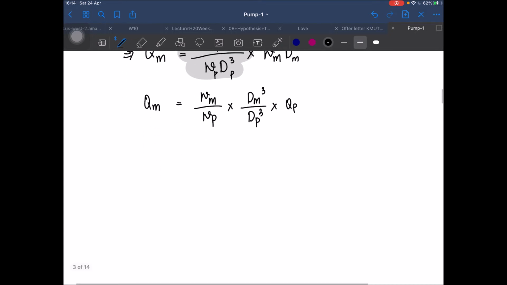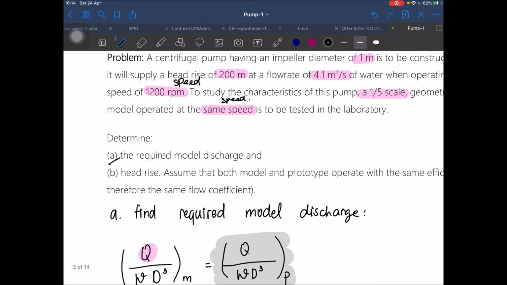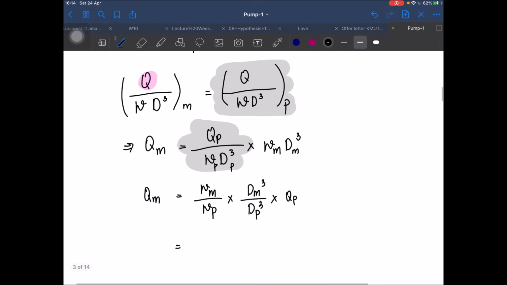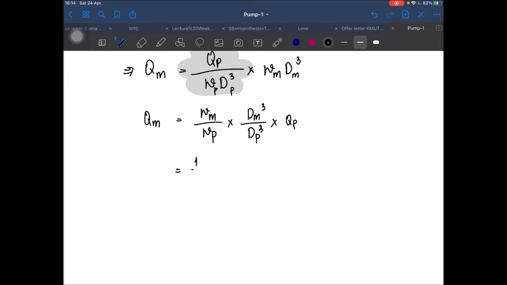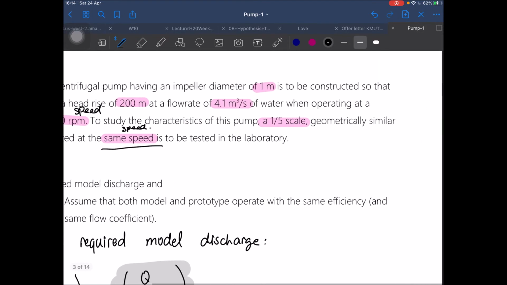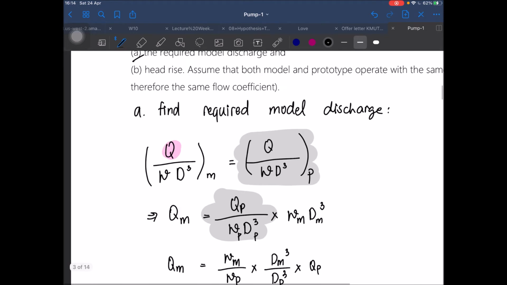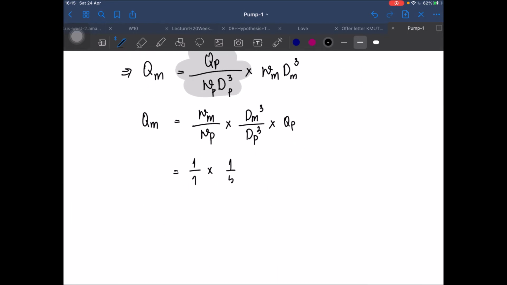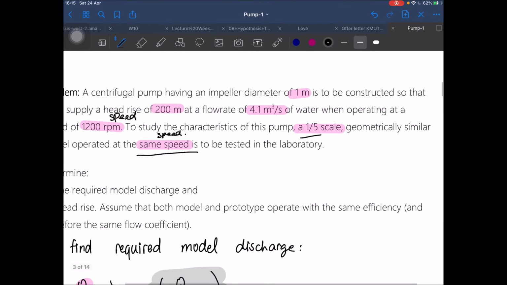So now we can see that this is the speed. It was mentioned earlier that it is the same speed, so we have 1/1, and it is mentioned here that the scale is 1/5 scale. So it's supposed to be 1/5 cubed multiplied by Qp, which is 4.1 here.